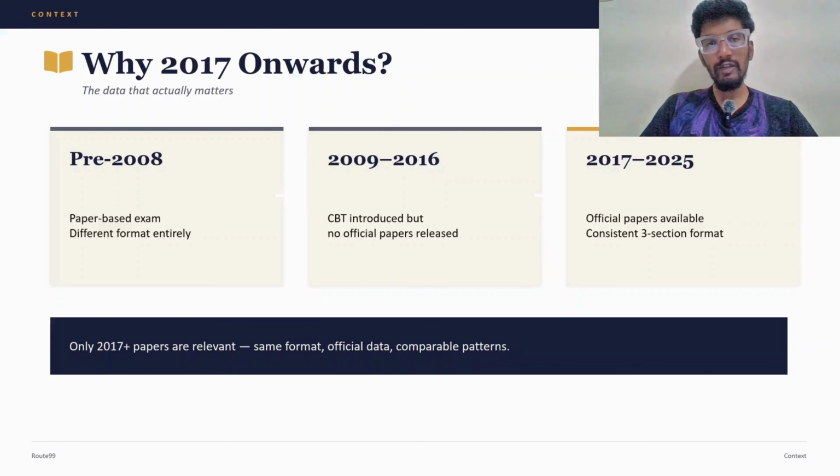Then from 2009 to 2016, CAT became computer based. But official papers were never released. So we don't have any trustworthy data there. It's like trying to solve a mystery without having fingerprints. But the real story starts in 2017.